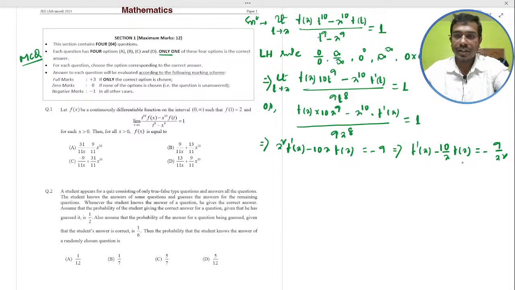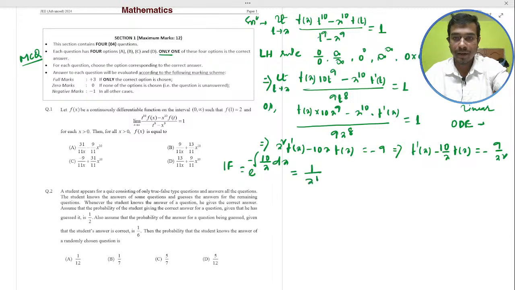So this is an ordinary differential equation, which is basically linear. So the integrating factor, that is e to the power integration of minus 10 by x dx, this will become 1 by x^10.